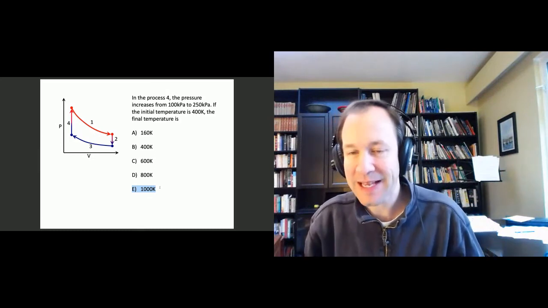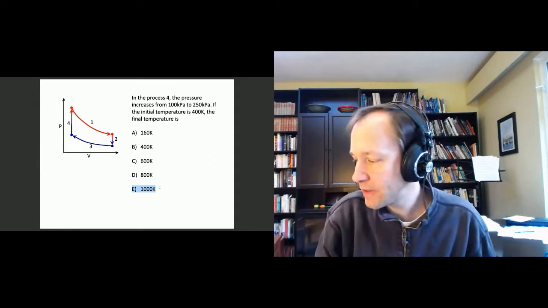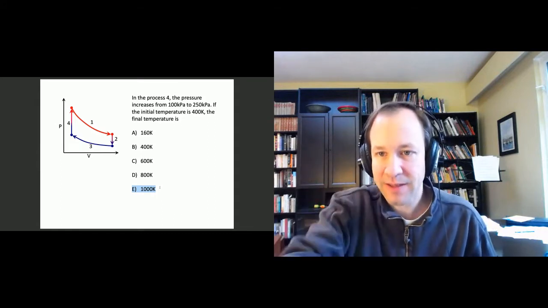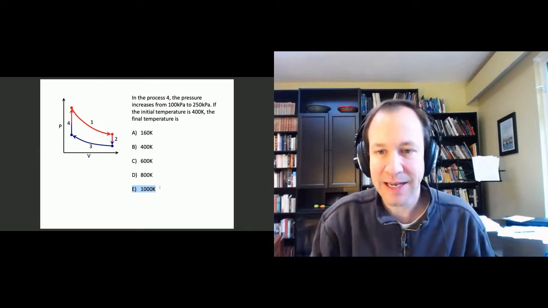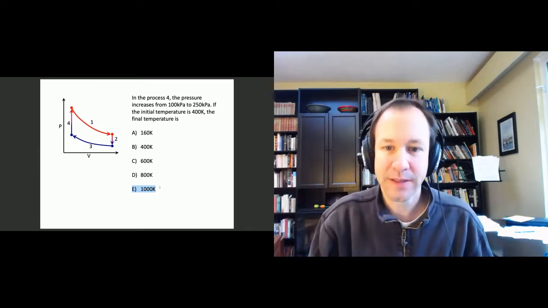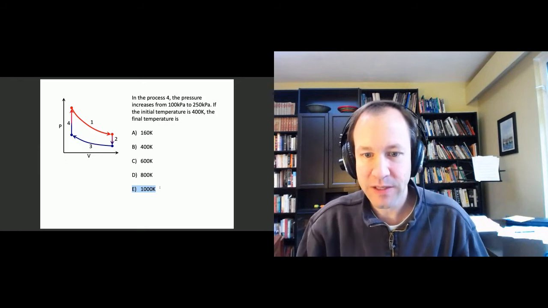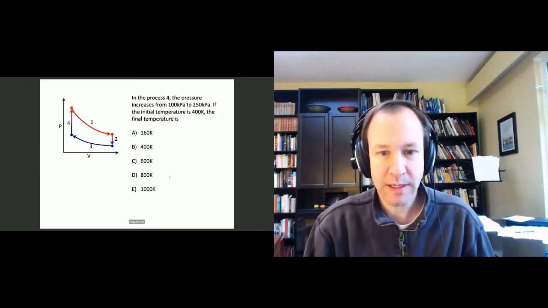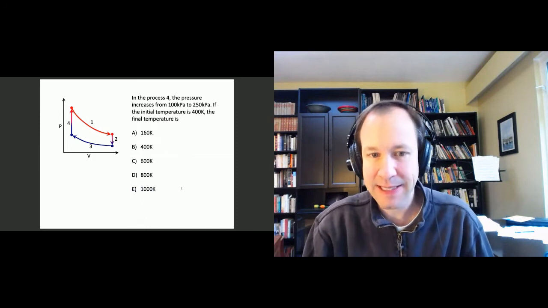Starting from the ideal gas law, we say PV over T is constant, and then you set whatever else is constant, you can cancel that out of the equation, and that'll be enough information to complete your question. Okay, so just to summarize, the answer was E there.